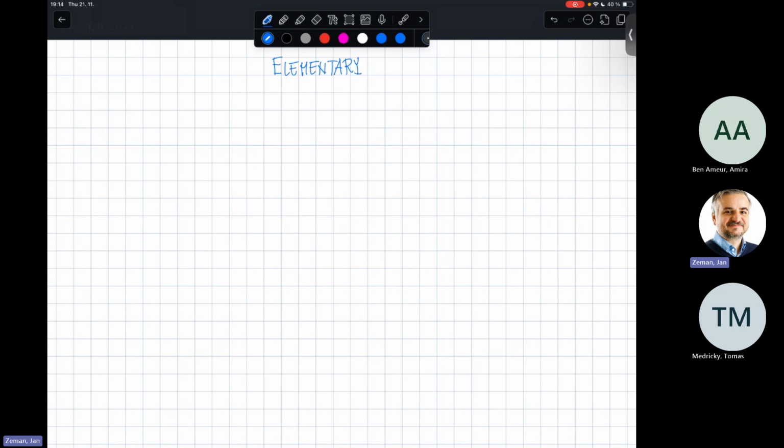I will first start with something which is called, in the terminology in which I was educated, the elementary theory of effective properties. And I will try to put forward two basic methods of how this can be applied.